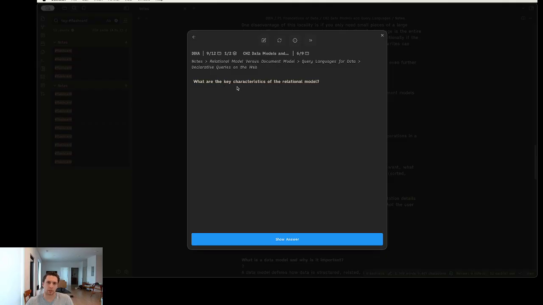What are the key characteristics of the relational model? Rows of tuples, joins, easier updates, structured data with schemas, tables, and foreign keys, uses SQL for querying, enforces normalization and strong consistency.